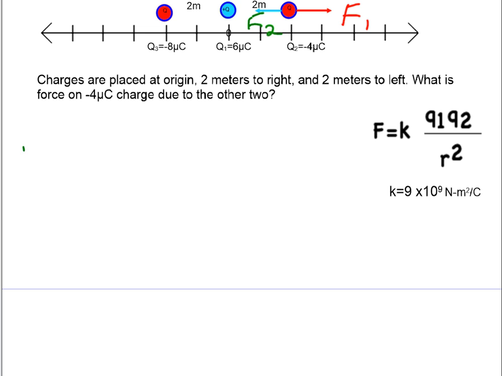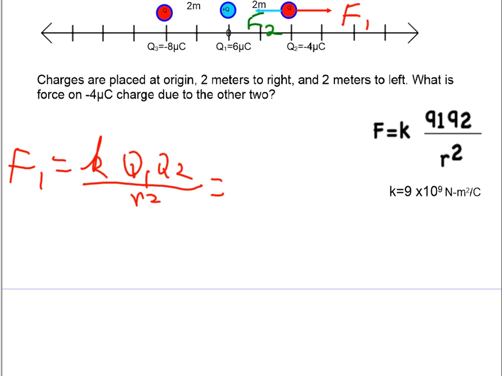So F1 is equal to k Q1 Q2 over r squared.